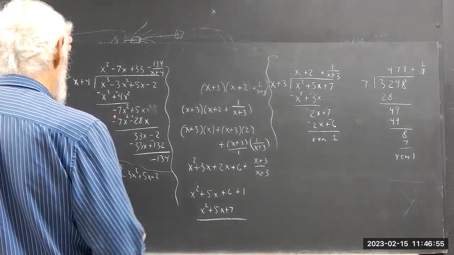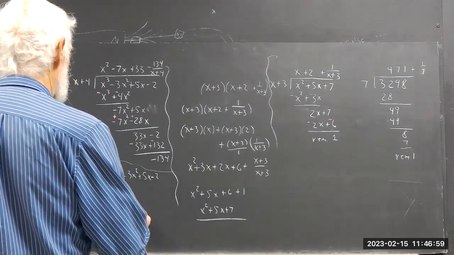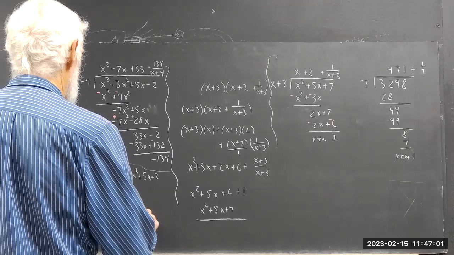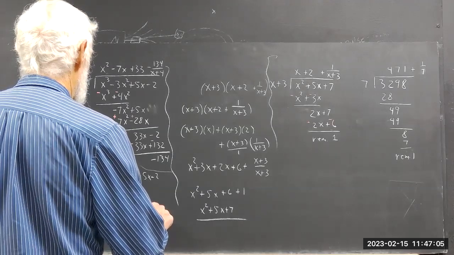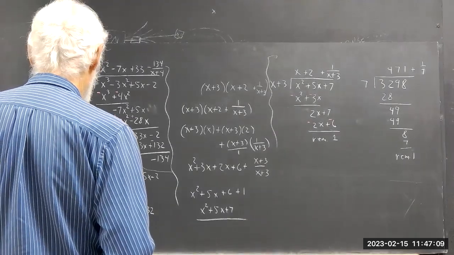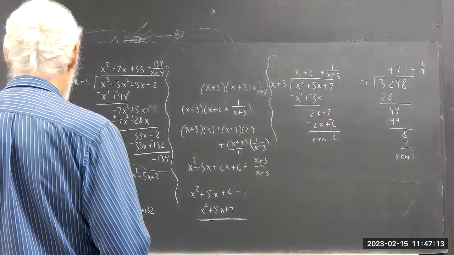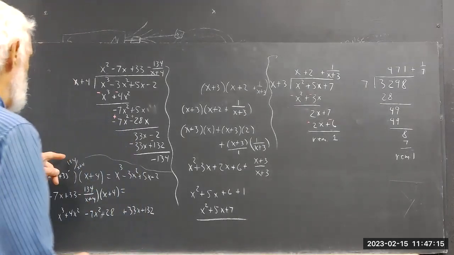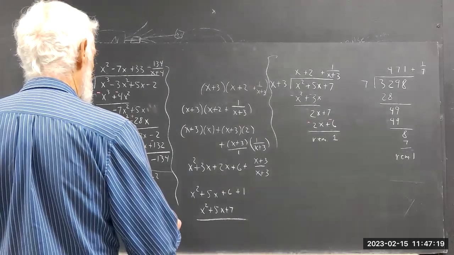And then we have 33x plus 132. And then we have minus 134 over x plus 4 times x plus 4.